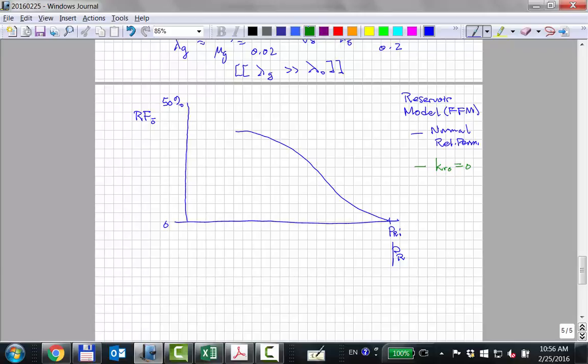If Curtis is right, these are basically going to be falling on top of each other. And if Curtis is wrong, it's going to look like that.